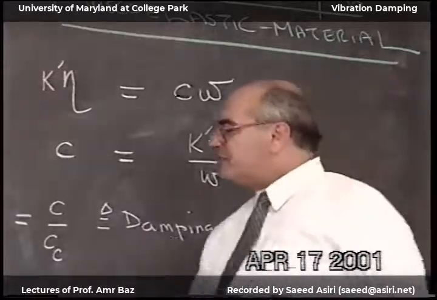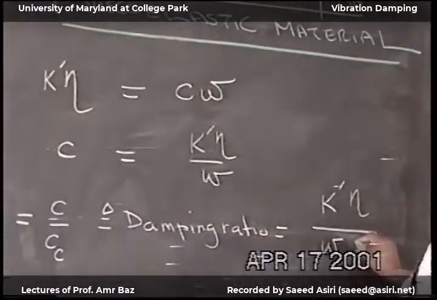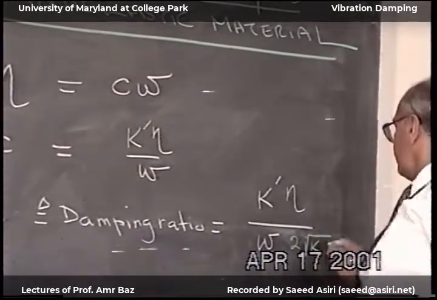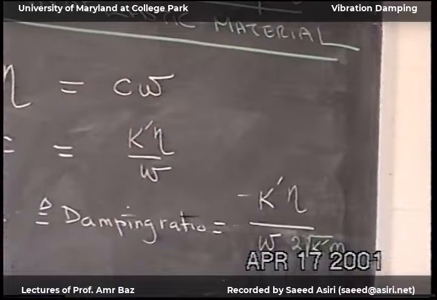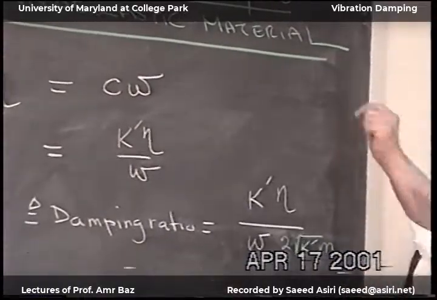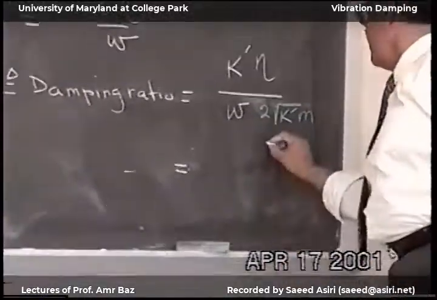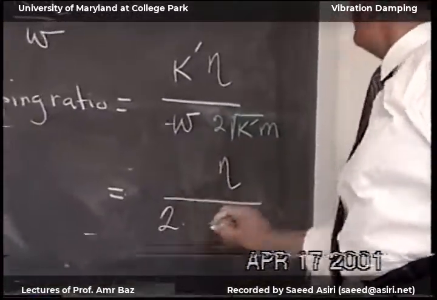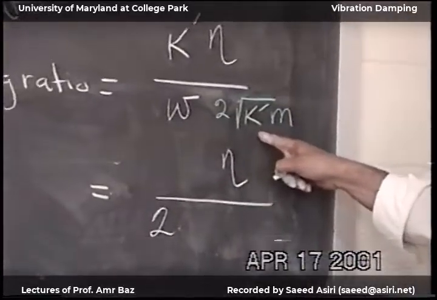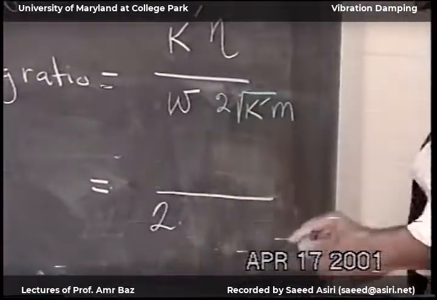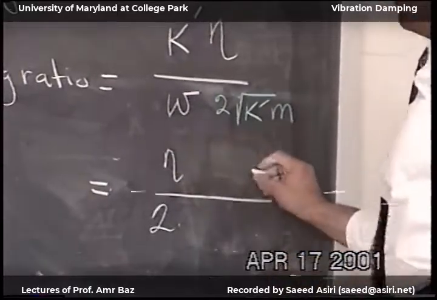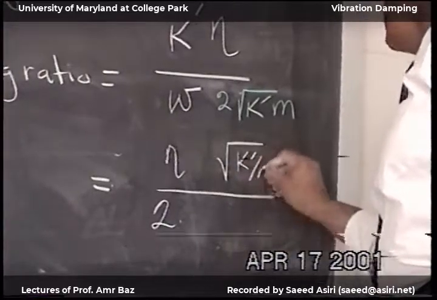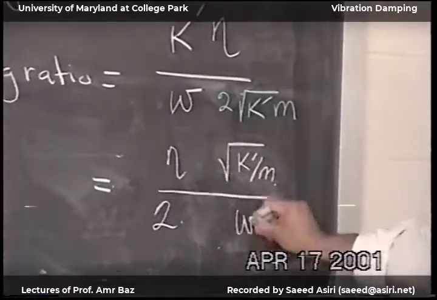Cc, if you remember from vibration, is equal to 2 square root of K M, and I'm going to make this K prime. So this will equal eta, and I'll put the 2 here. And this K prime will cancel with one of these, and this will be the square root of K prime over M, and then omega.